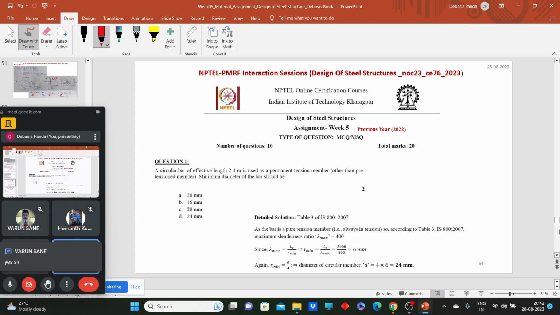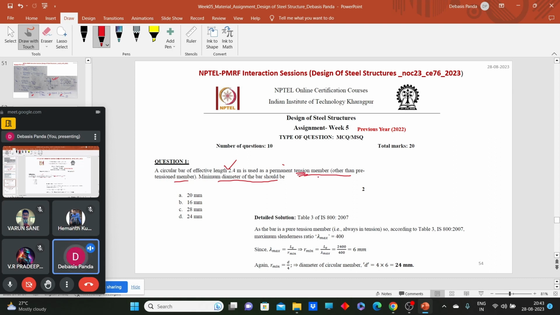What does the first example say? A circular bar of effective length 2.4 meter is used as a permanent tension member other than pre-tension member. What should be the minimum diameter of the bar? So how can we calculate it? First, you need to check what kind of tension member this is.